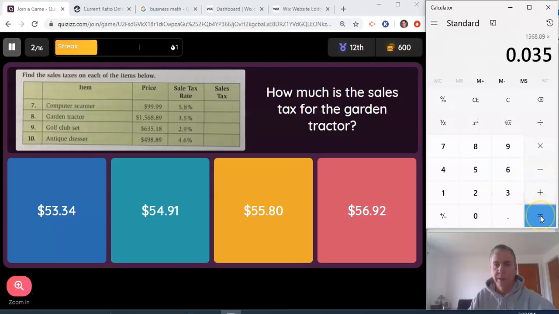How much is the sales tax? $54.91, because here in the thousandths place we have a 1, which is not 5 or greater, therefore we're just going to leave it right where it is, 91 cents. And let's take a look and see if we have that answer here. $54.91 looks the same as that. We will select $54.91.